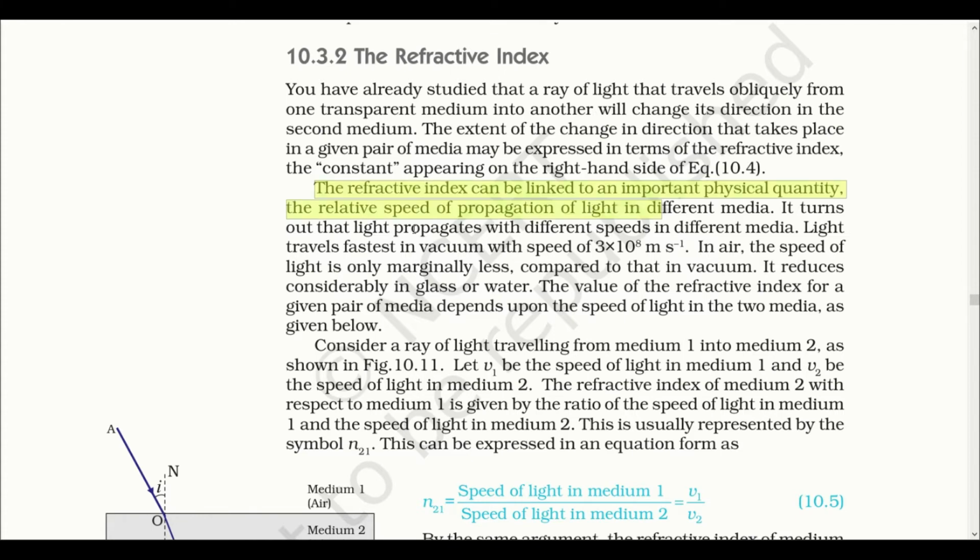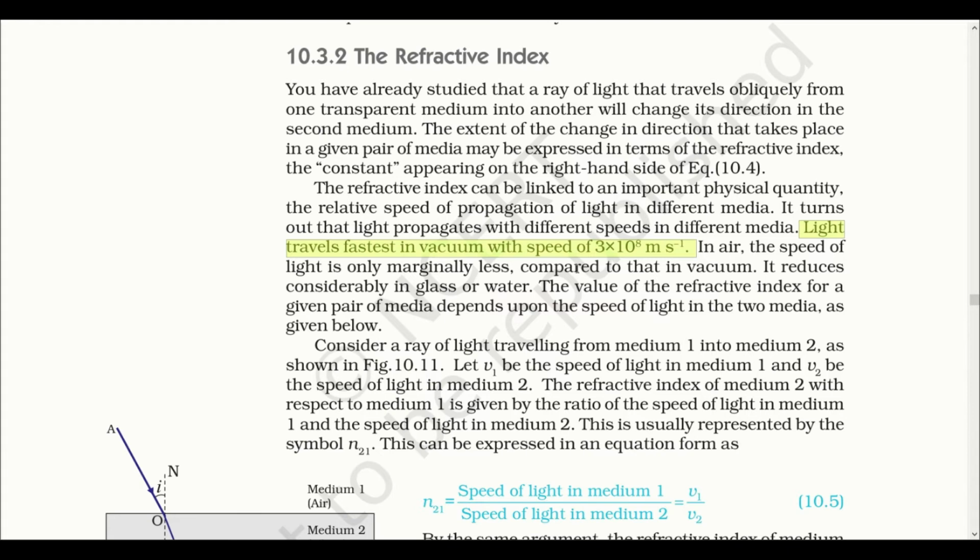It turns out that light propagates with different speed in different media. Light travels fastest in vacuum with a speed of 3 × 10^8 meters per second. In air, the speed of light is only marginally less compared to that in vacuum. It reduces considerably in glass or water.